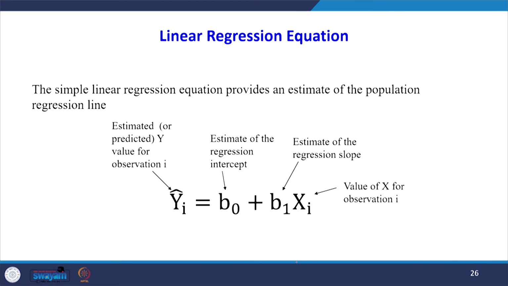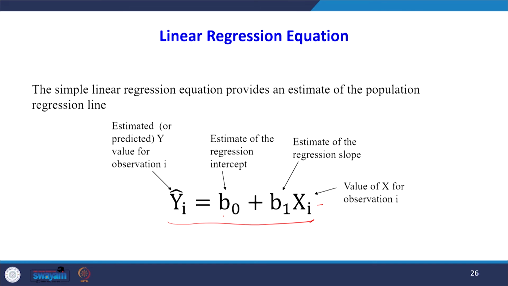Now, I am saying linear regression equation, and when I say equation, look at the equation here, all are in small letters, B0 plus B1x, and see, there is no error term here. If there is no error term, we call it the regression equation for the sample. Why is there no error term?